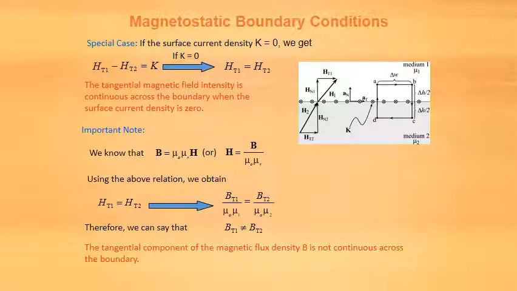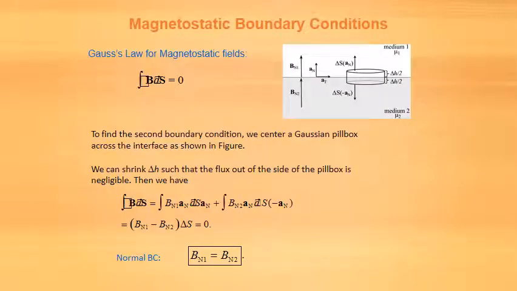Similarly, let us check the normal component. For the normal component, let us consider a pill box as shown in this figure, which has a surface area delta s and height delta h, with delta h by 2 in medium 1 and delta h by 2 in medium 2. The upper surface is in medium 1 and the lower surface is in medium 2.